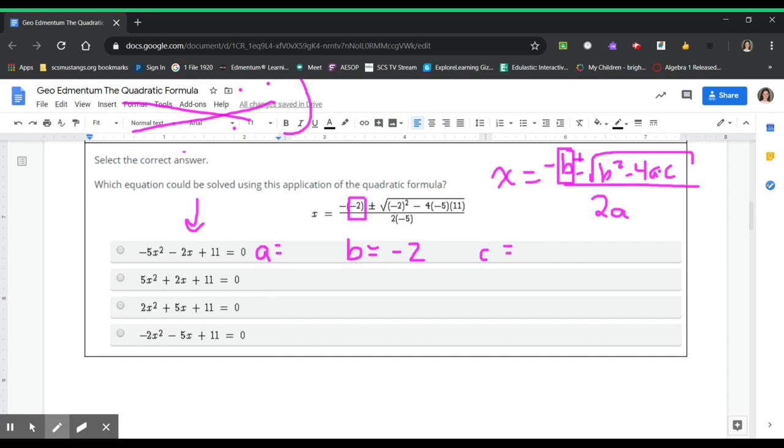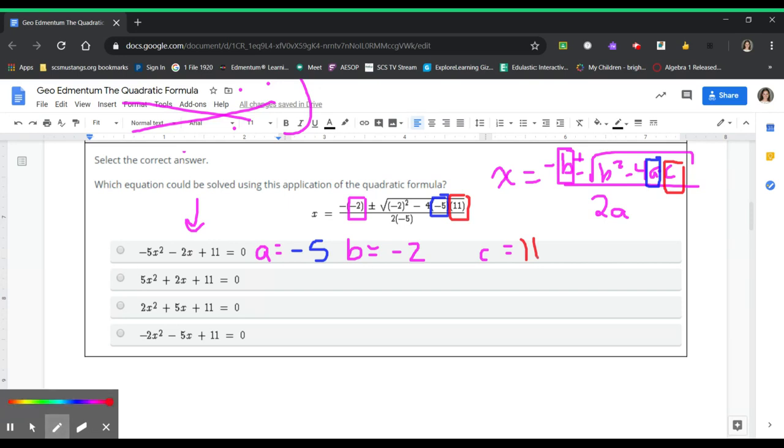So then if I'm looking for what my a value is going to be, in this spot right there next to the 4, looking next to the 4 in the quadratic formula, they have their a value to be a negative 5. And then we need a c value. The c value is beside the a value, beside the 4, and that's right there. So c is going to be equal to 11.